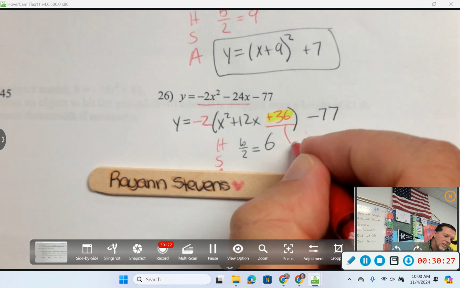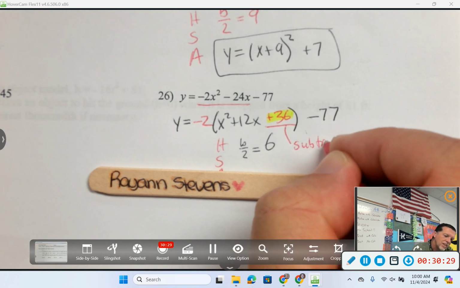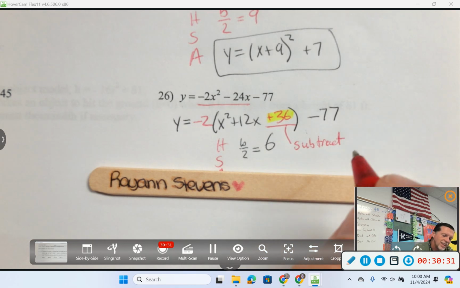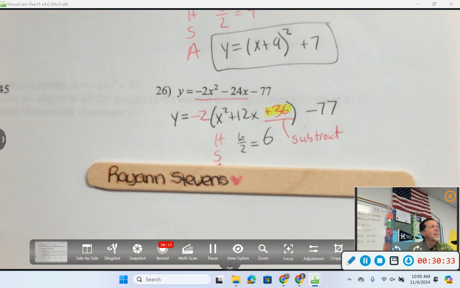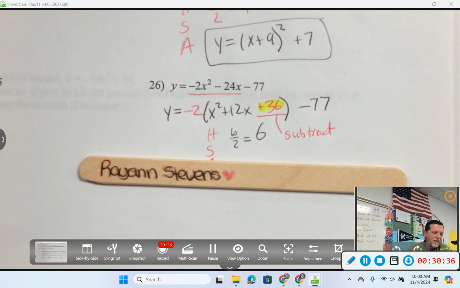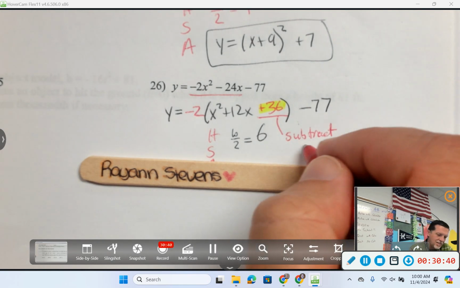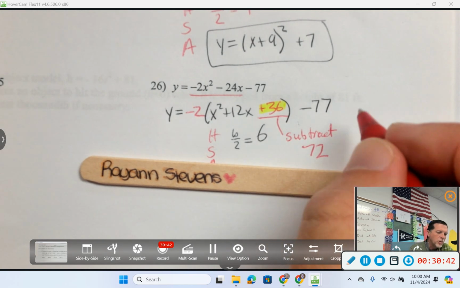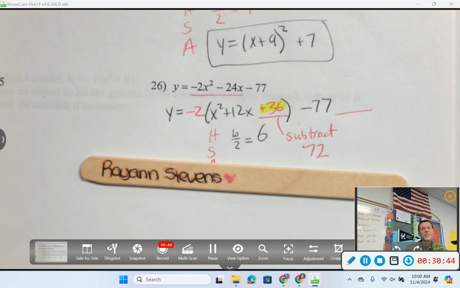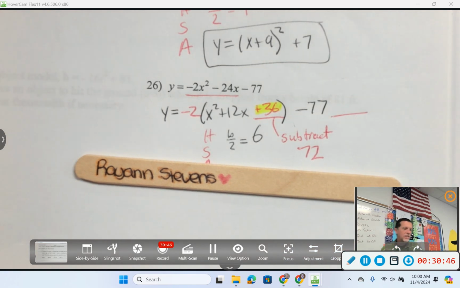It's negative. Negative what? We multiply it by negative 2, which is negative 72. So what do I need to do out here to counteract the subtract 72? You add 72.